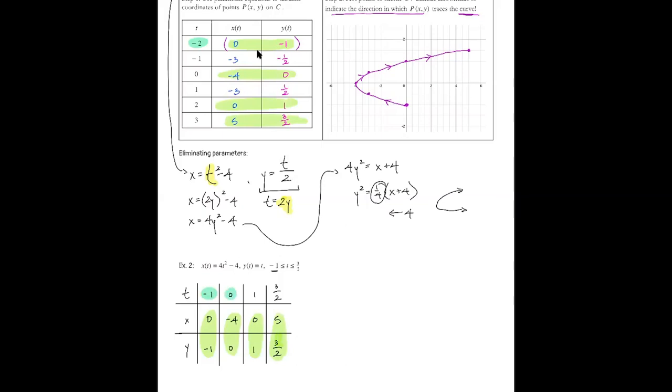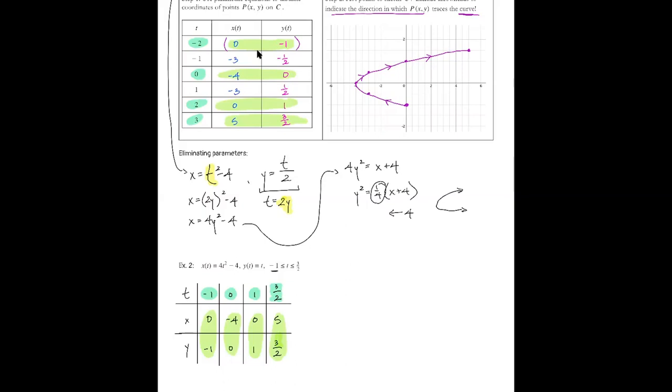A time of 0 gives you (-4, 0). That's the same. But when I get to (0, 1), one time is at t equals 1, and one time is at t equals 2. And then for the last one, the time is 3/2, and this time is at 3.